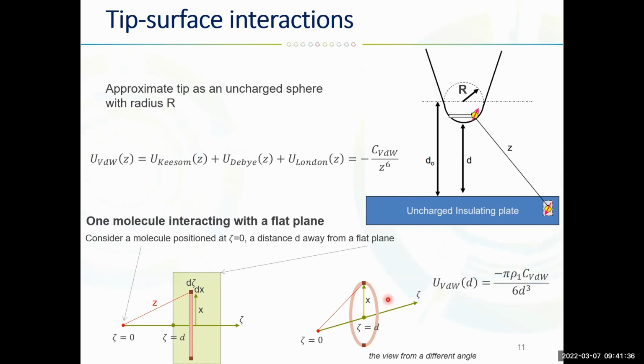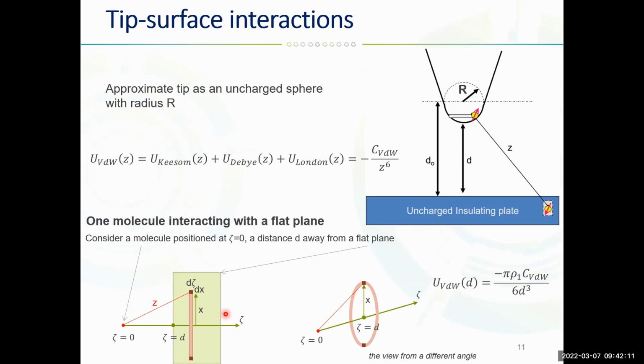This plane, again, we are splitting into symmetrical rings. This red thing is the ring from the right-hand side point of view, and the dark red square is the thickness of the ring. The ring will have radius x, and the thickness will be dx, and the width will be denoted as d zeta.